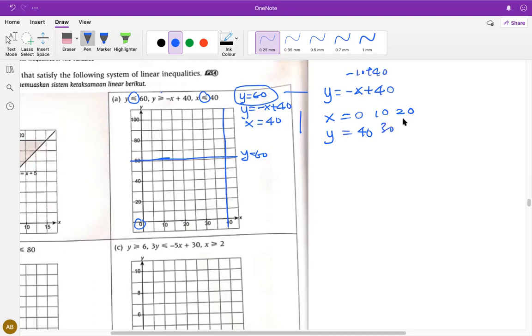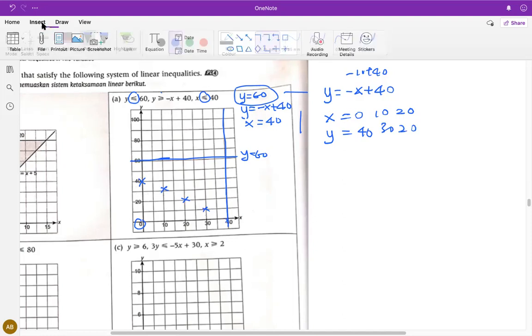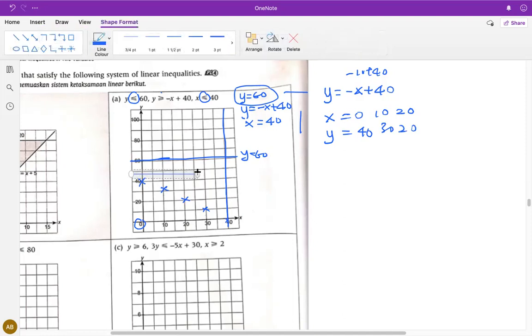And 40 minus 20, you get 20. So you jot down 40, 30, 20, and then 10. So this is a full line also. So you draw a straight line, or we substitute this. Okay, so this is the straight line.